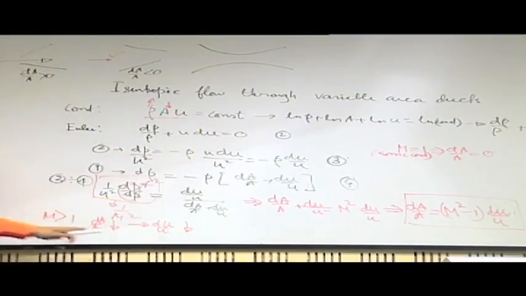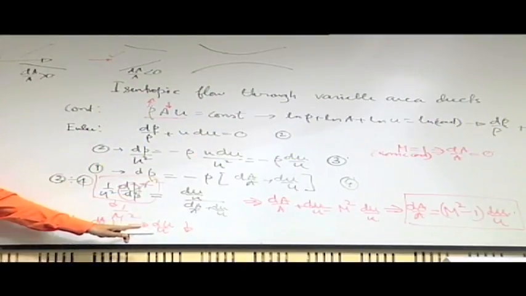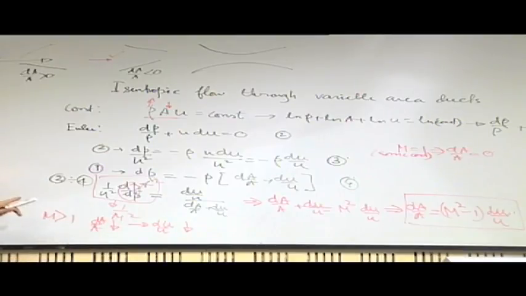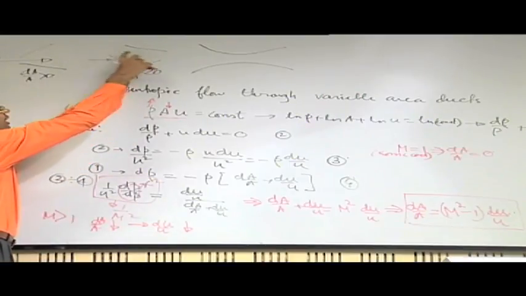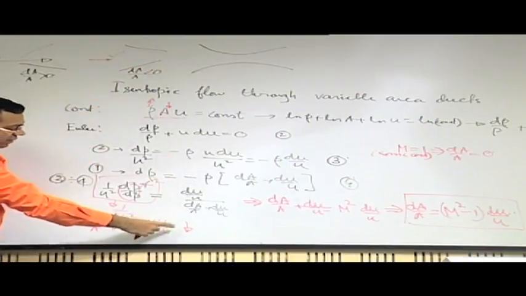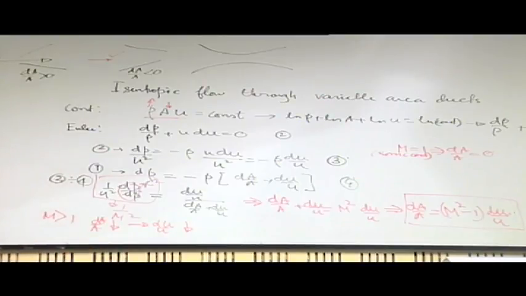So that is what is happening here physically. So what we get out of this is when M is greater than 1, if area is reducing, then the velocity is reducing, therefore it is not acting like a nozzle. It looks like a nozzle, but it is acting like a diffuser.